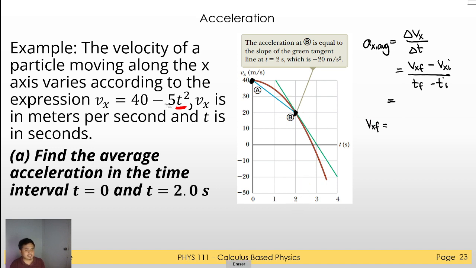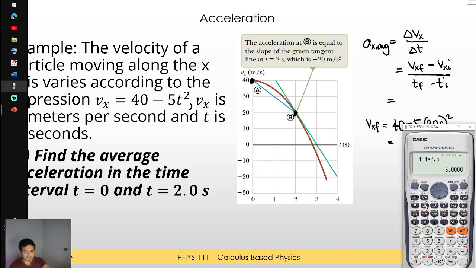So we have 40 minus 5 times t squared, where t squared is 2.0 seconds squared. We can just use our calculator. So 40 minus 5 times 2 squared.